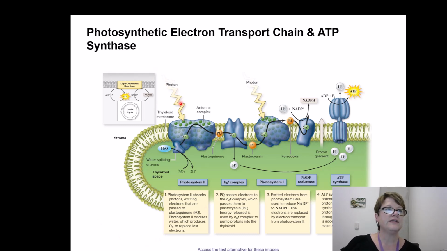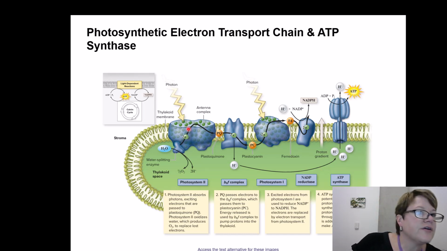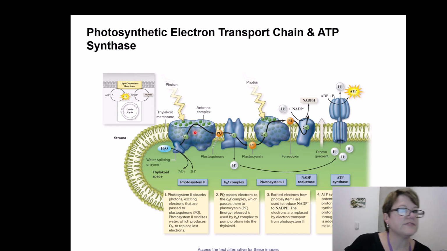A photon hits this particular photosystem here, the antenna complex, or all those chlorophylls, and in the center, which in this picture I don't see where their center is, there's the reaction center. When that photon is passed to the reaction center, 2 electrons are taken from water and given energy from that photon.